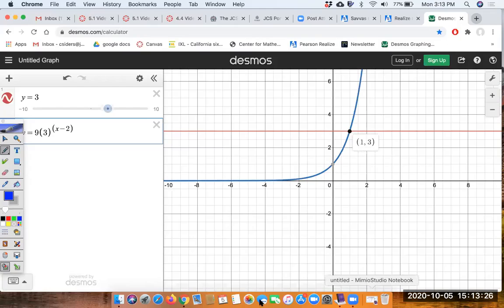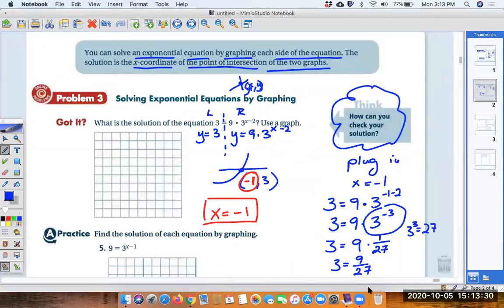Now, let's make sure I'm sharing all this correctly. I think I am. Okay, so if x is 1, this is why we can check, see? Good thing we checked.